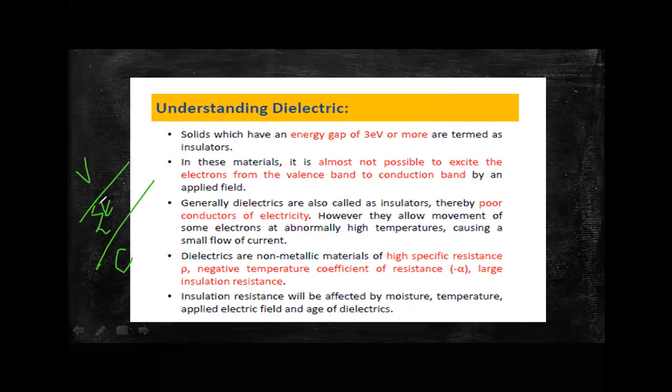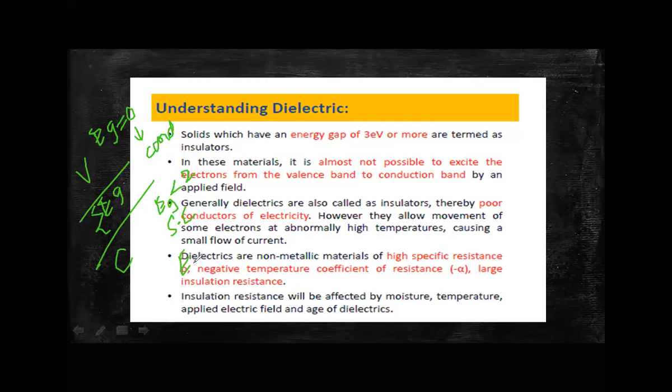This is the energy gap. If the energy gap is zero, we have conductors, right? If the energy gap is less than 2, we call it a semiconducting material. If the energy gap is greater than 2, we call it insulators.